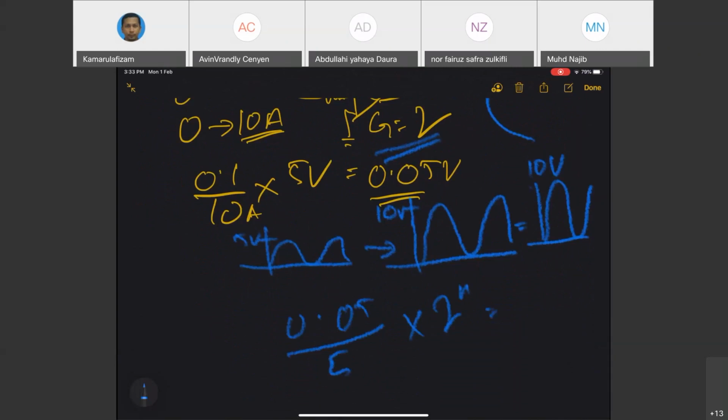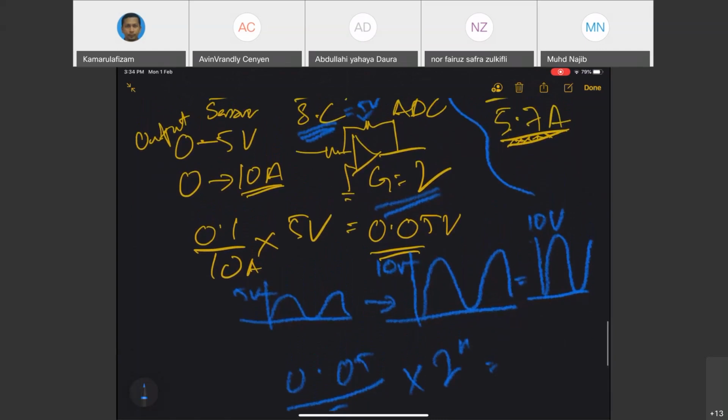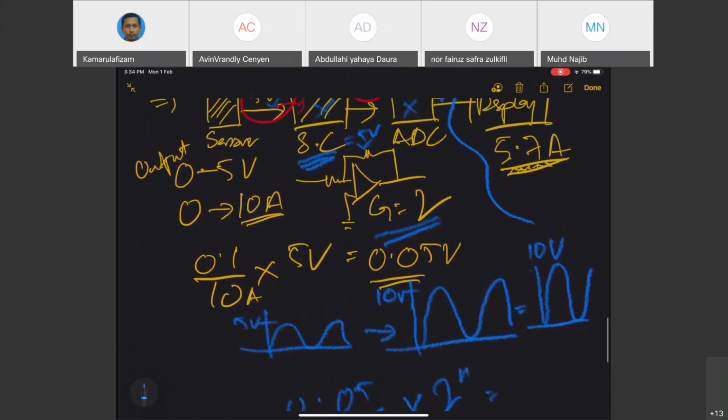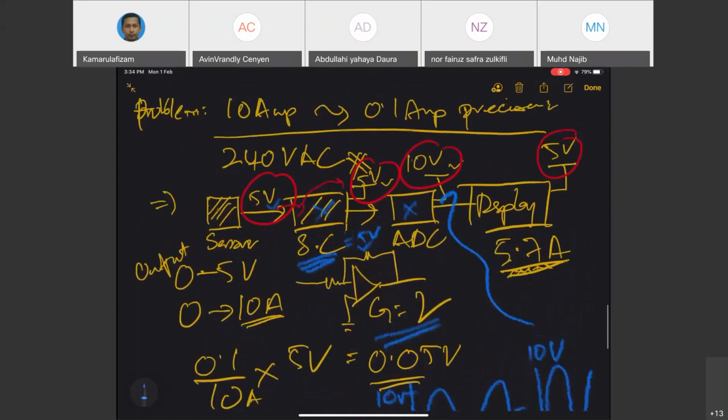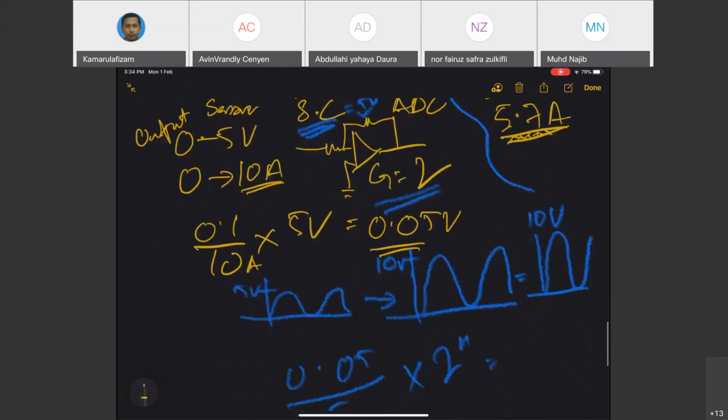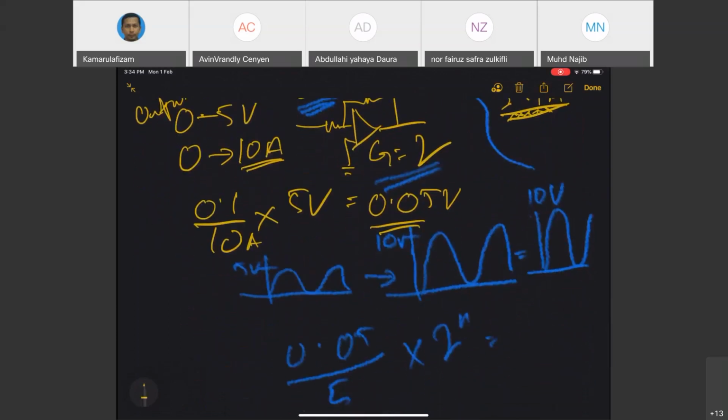Berapa number of bits minimum to get 5 millivolt precision out of 5 volt? Okay. Forget about this 10 volt. We go back to 5 volt. Okay. So what kind of N do I need so that my precision is basically maintained?